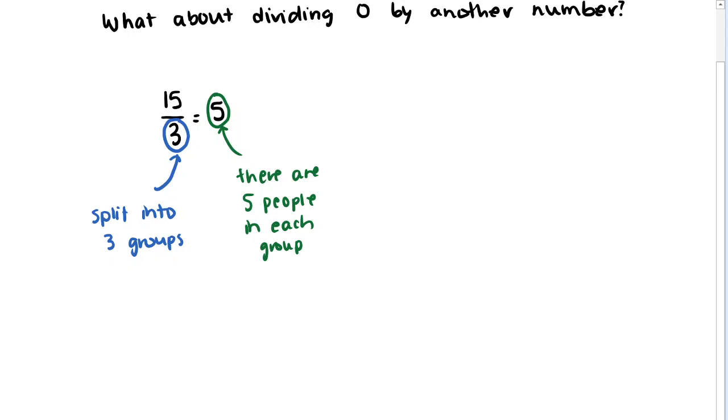I have 15 people, I split them up into 3 different groups. Well, each group is going to have 5 people if I split them up evenly amongst the 3 groups. And similarly, if I have 24 over 6, if I split 24 people into 6 different groups, each group will have 4 people.